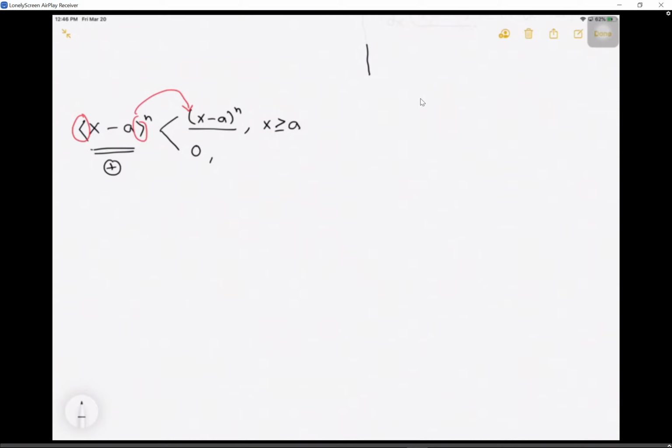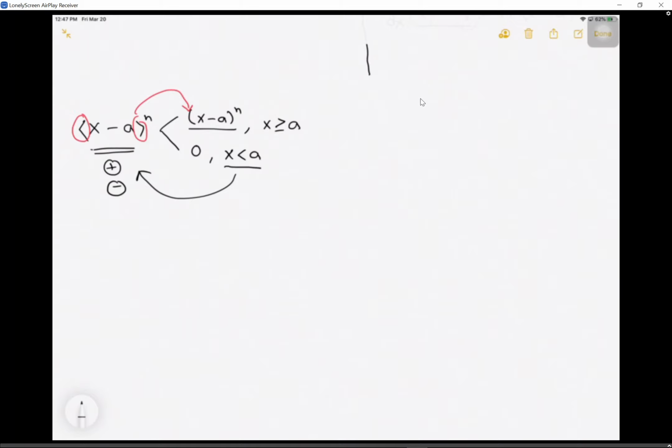That would happen if x is less than a. What do we mean by x is less than a? That would mean that this value right here would be negative, which means the overall value of your singularity function ranges from 0 up to a positive number, but it doesn't assume negative values.